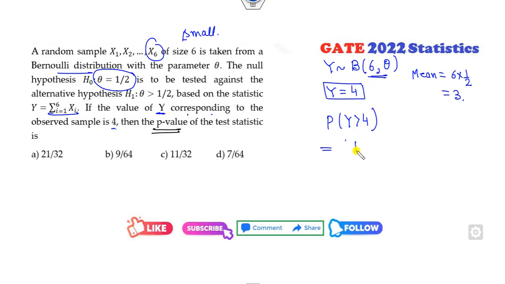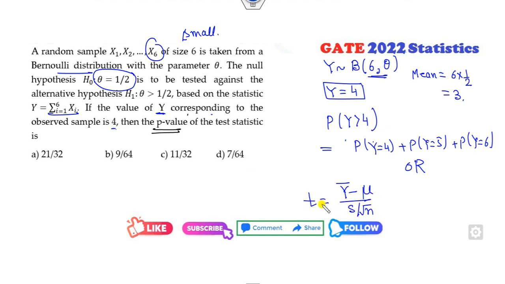So I can write this as 4, 5 or 6, okay? Or you can apply this one also, Y minus mu over s by root n, because this is a t test and H1 is one tailed, so you can apply it in the same manner and you will get the same answer.